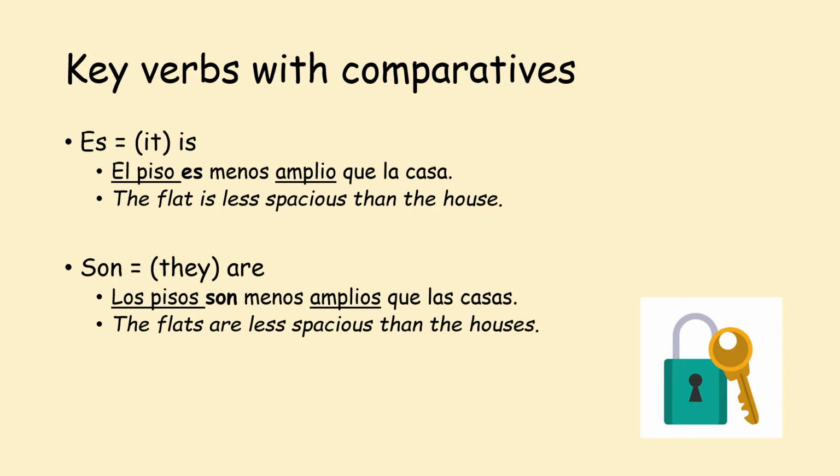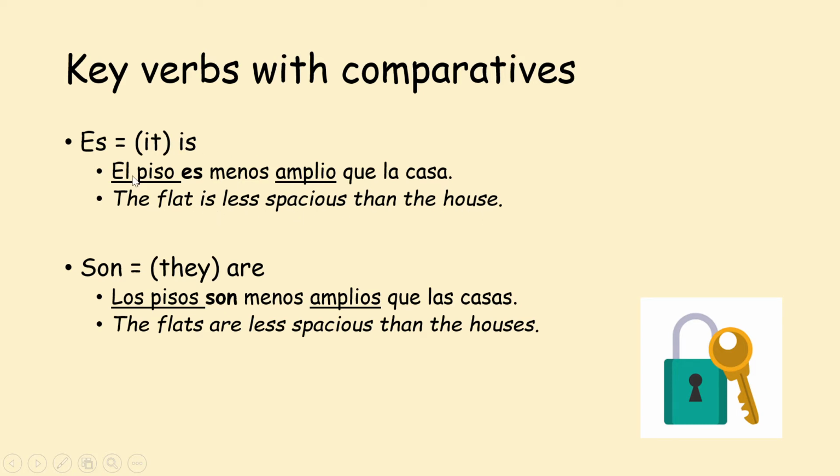Key verbs with comparatives. We're going to be using ser, and for singular options, we're going to be saying es for it is and son for they are. So for example, el piso es menos amplio que la casa. The flat is less spacious than the house.